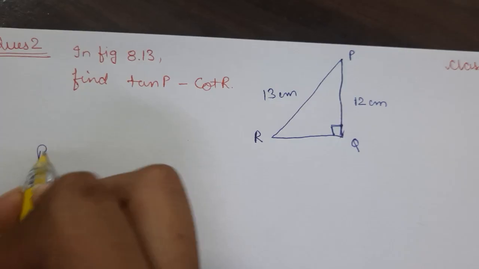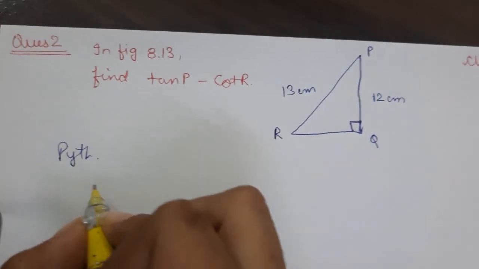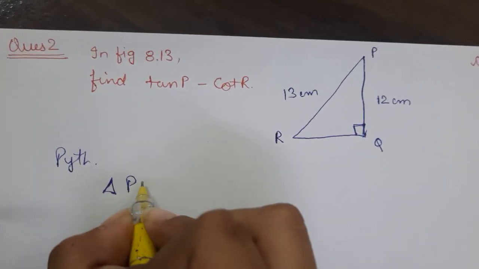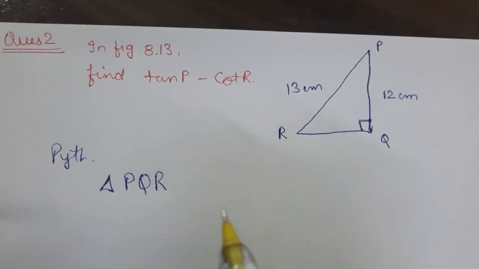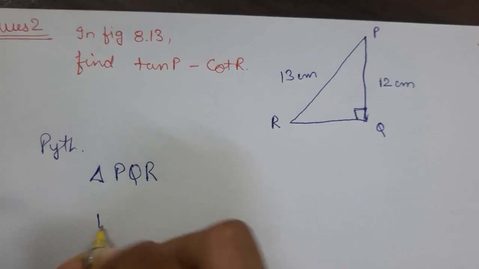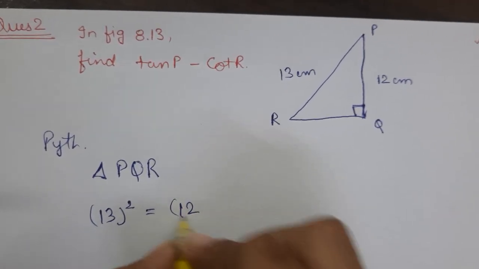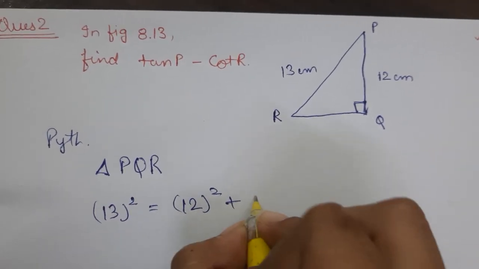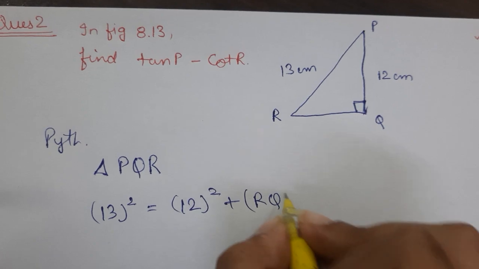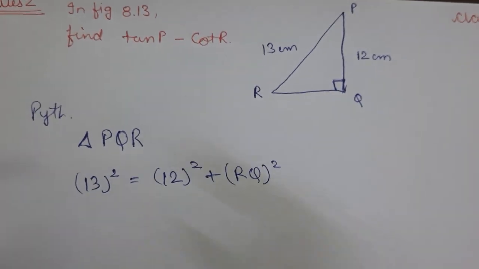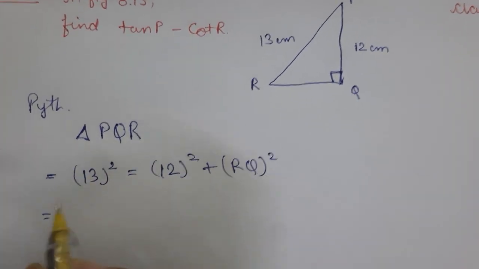Again, we'll apply the Pythagoras theorem in triangle PQR. The hypotenuse square is equal to perpendicular square plus base square. We'll apply the basic mathematics rule here.